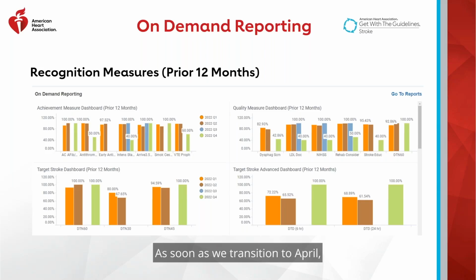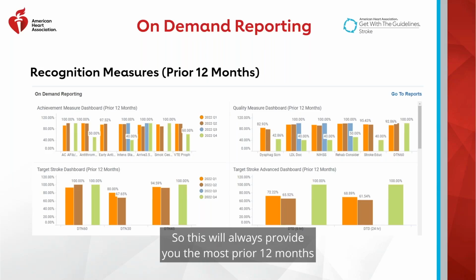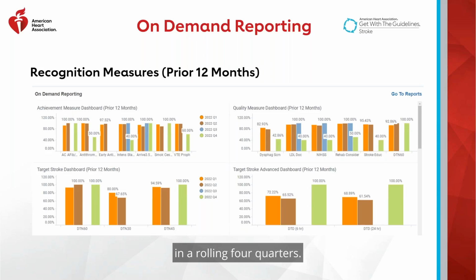As soon as we transition to April, you'll see that this dashboard will look a little bit different. It will then show Q2 of 2022 through Q1 of 2023. So this will always provide you the most prior 12 months in a rolling 4 quarters.